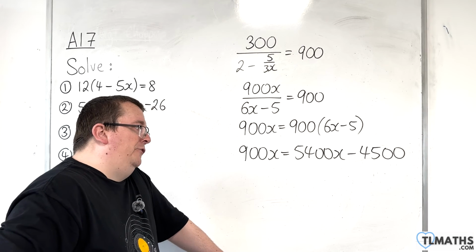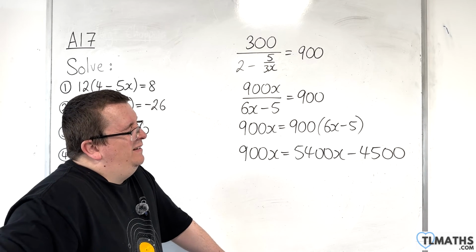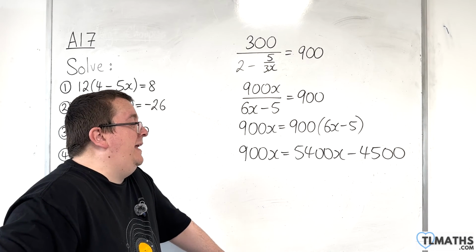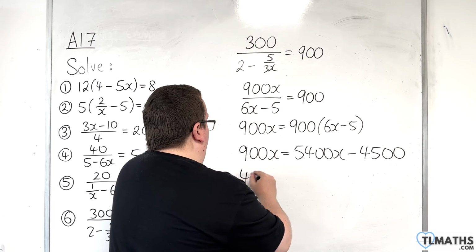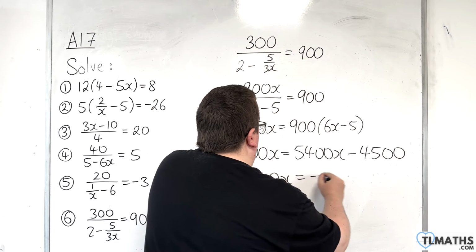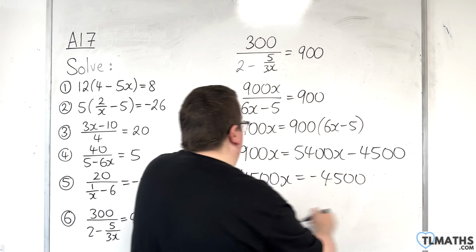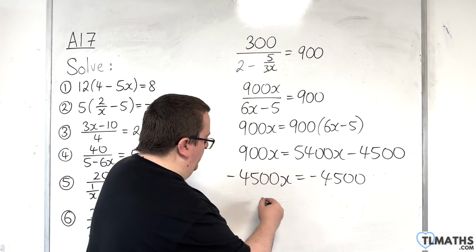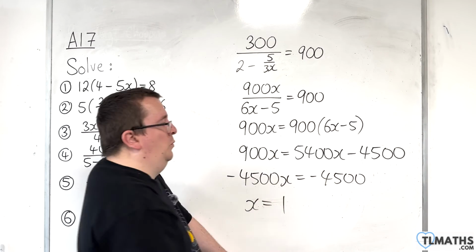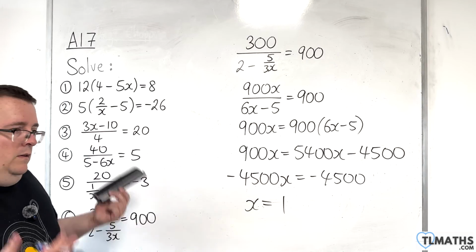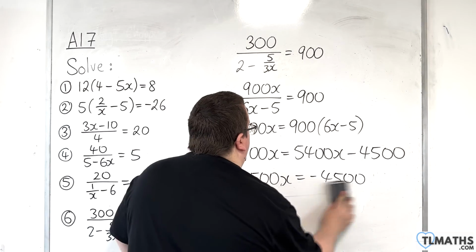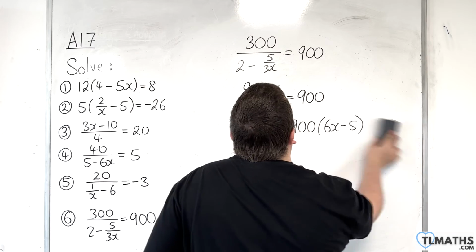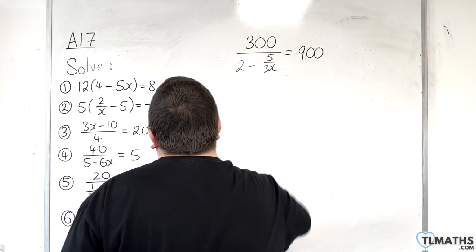So let's do 5,400 take away 900, which is 4,500. So minus 4,500x is minus 4,500. And then divide both sides by minus 4,500, and we get x is equal to 1. Okay? It works, but the numbers aren't nice to work with. So let's do the alternative method.